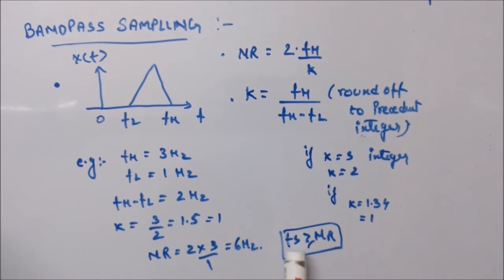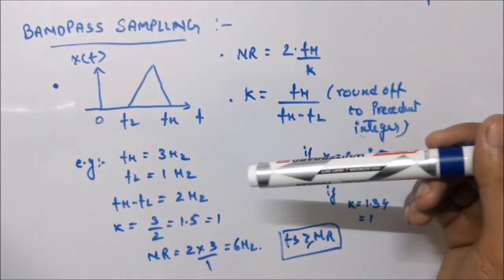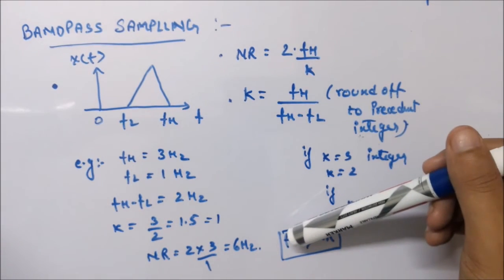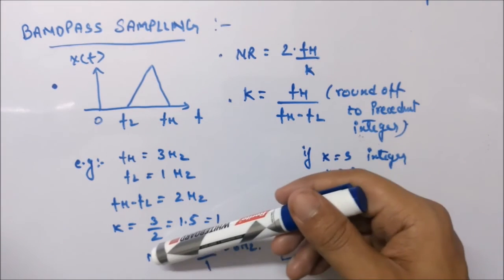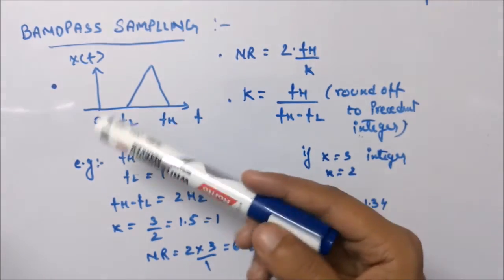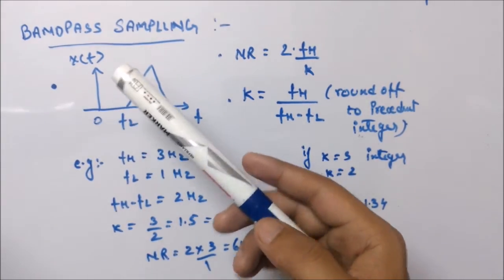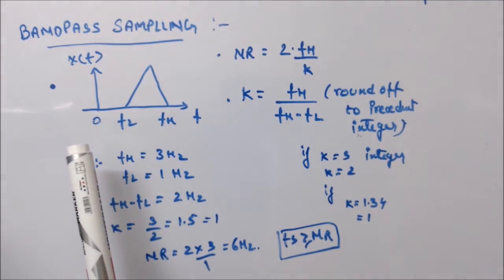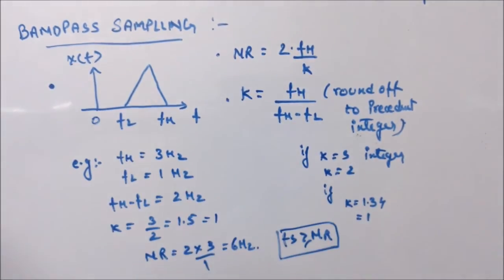So your sampling frequency, in this case band pass sampling frequency, should be greater than or equal to the Nyquist rate. That is the meaning of sampling in this band pass signal. So if the sampling frequency Fs is greater than or equal to the Nyquist rate, it means that you will be able to recover your original signal from the sampled signal in the case of band pass sampling.